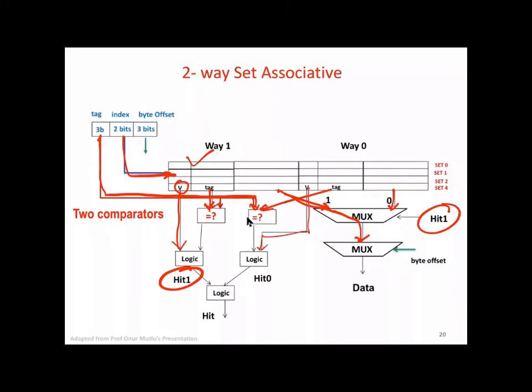Obviously there will be a hit for only one, so a hit could be 1. If both are 0, it means there is no hit, and the hit bit here will be 0, and we can use this hit bit to invalidate the data that has come out. All right, so is it clear? Any questions?